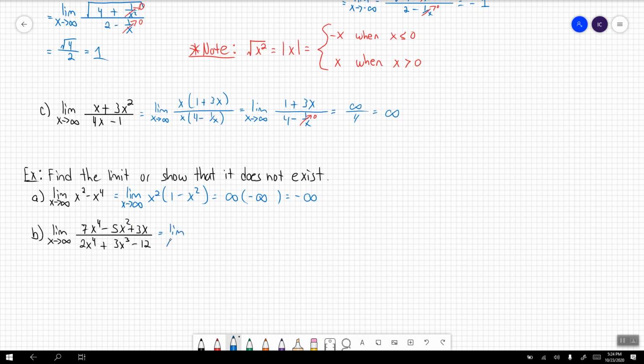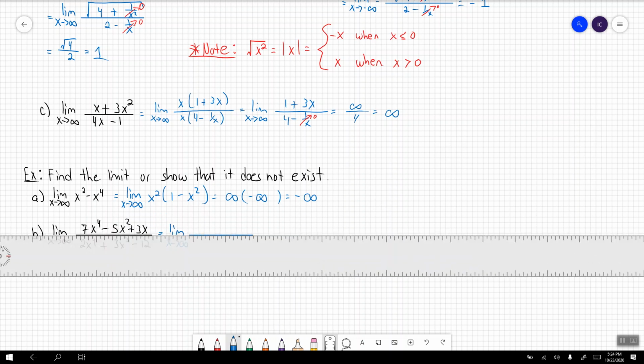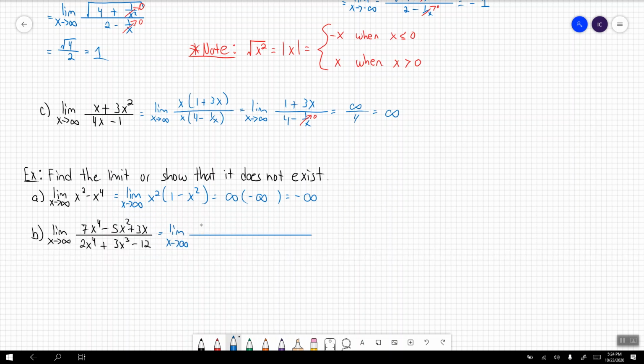In doing so, we then arrive at the rational function of 7 minus 5 divided by x squared plus 3 divided by x cubed, all divided by 2 plus 3 divided by x minus 12 divided by x to the fourth.